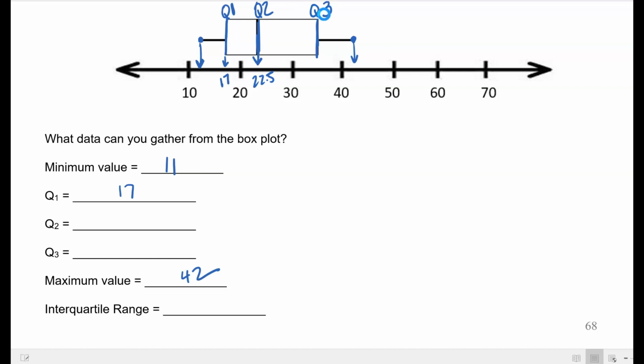We found our Q3 was 35.5, which is this line on the box. So again, we've got our minimum, our Q1, our Q2, our Q3, and then our maximum of our data set. And each one of those is a part of that box.